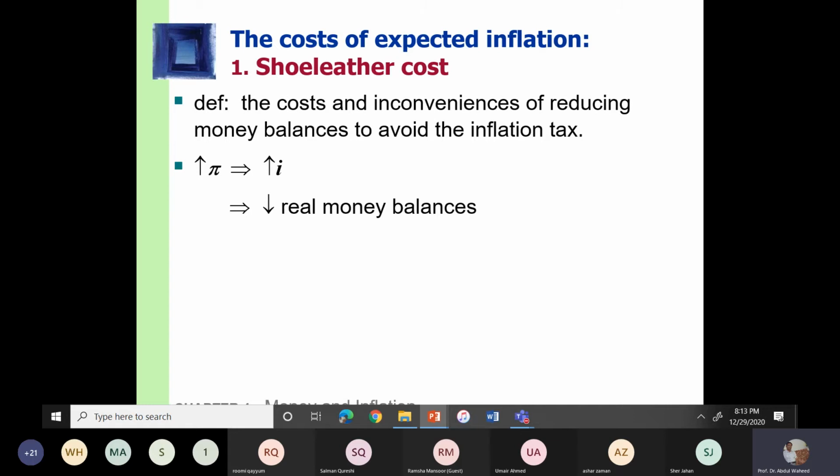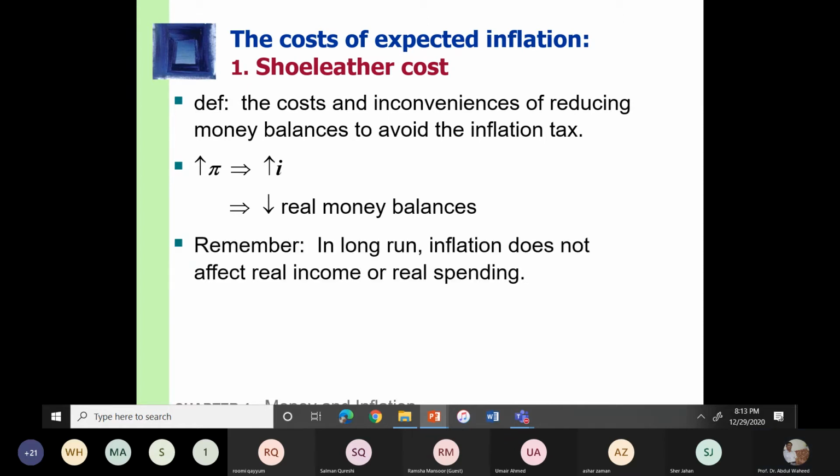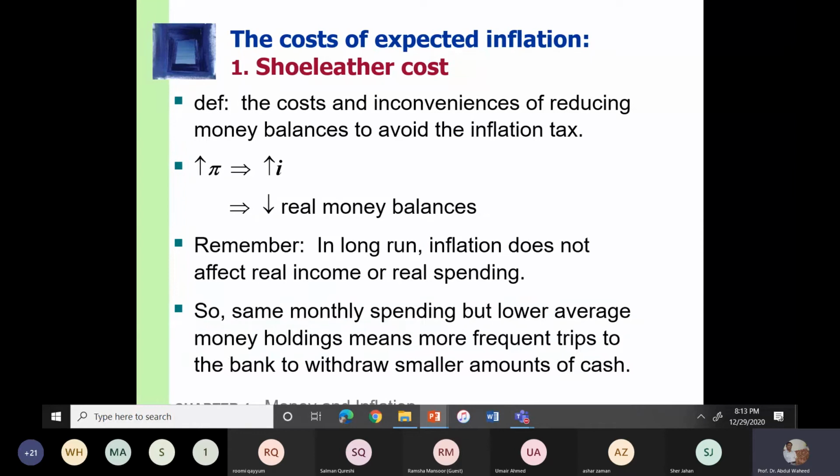So people will hold less cash, and then people will prefer to convert their cash into interest-bearing assets. In the long run, inflation does not affect real income or real spending. So same monthly spending, but lower average money holding means more frequent trips to the bank to withdraw a smaller amount of cash. So this is the shoe leather cost.